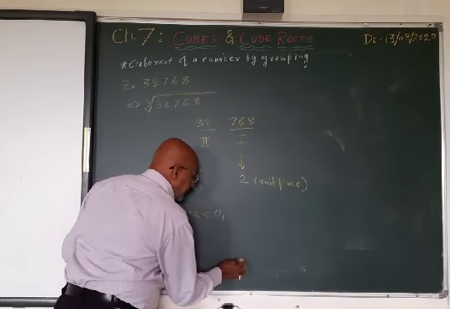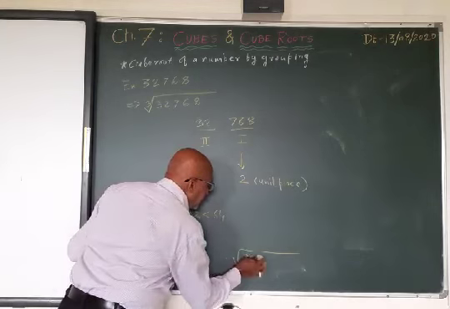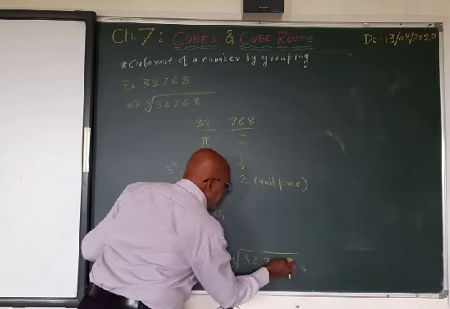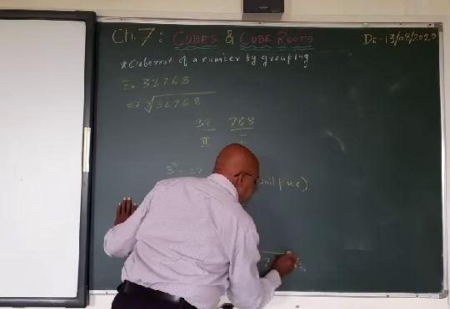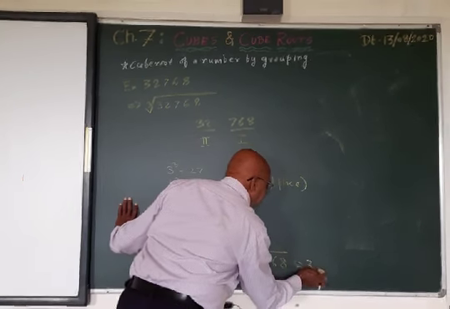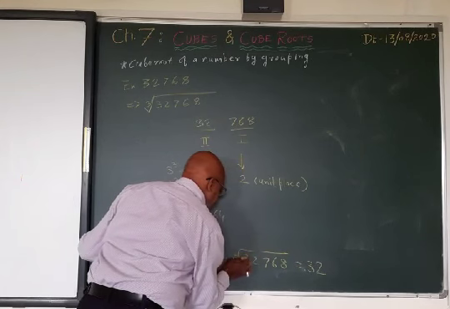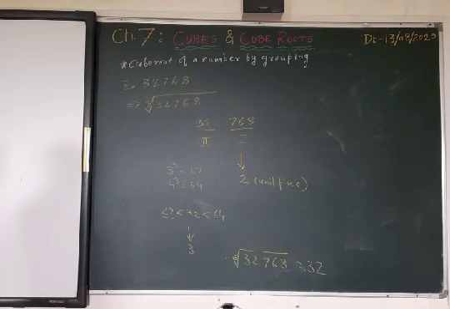Therefore, the cube root of 32,768 is nothing but 32. In this way we can find the cube root.